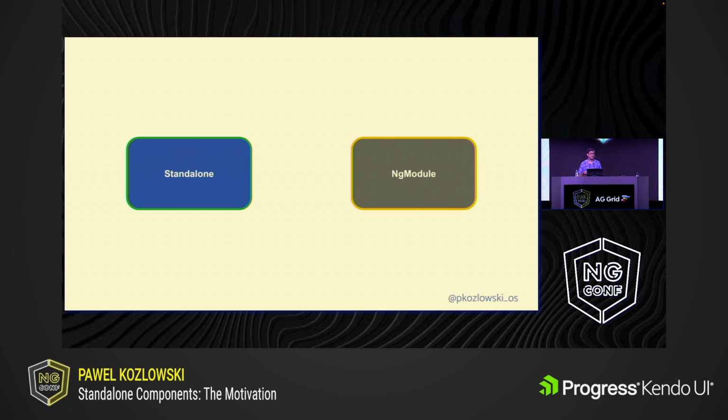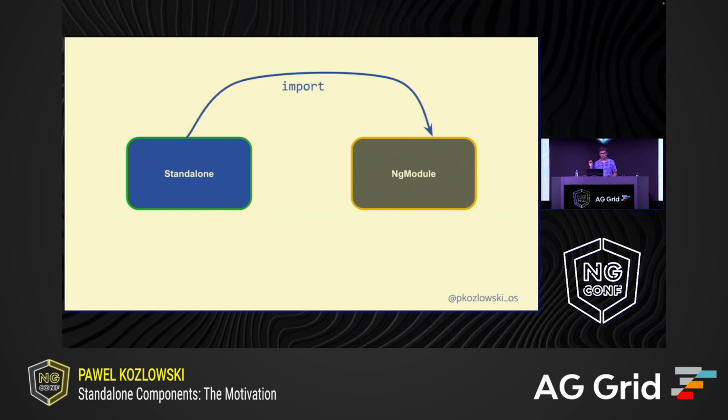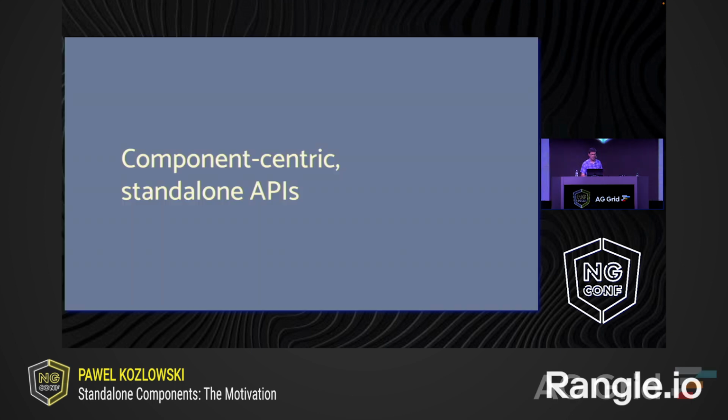We want to preserve the entire Angular ecosystem. We want standalone components to benefit from existing NgModules published on npm, and we want existing applications that choose to use NgModules to import standalone. It's all working together without modifying existing libraries, without modifying existing applications. This avoids fragmentation in the ecosystem.